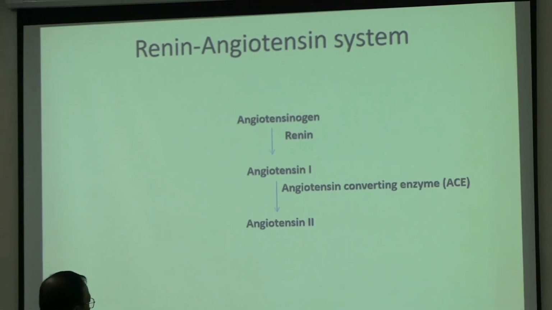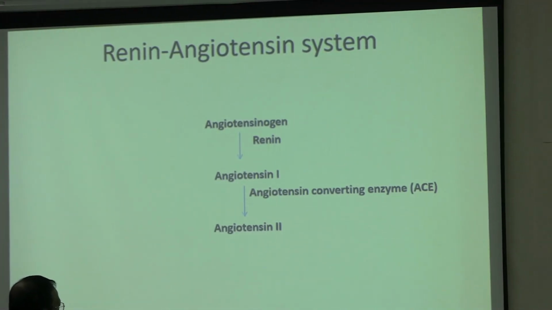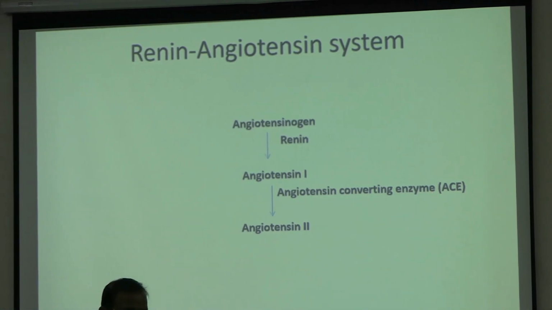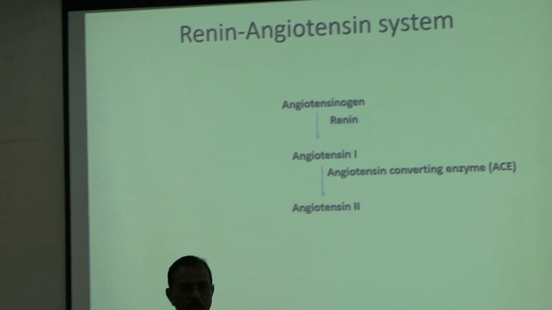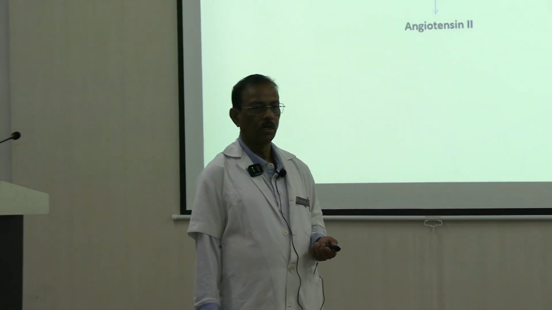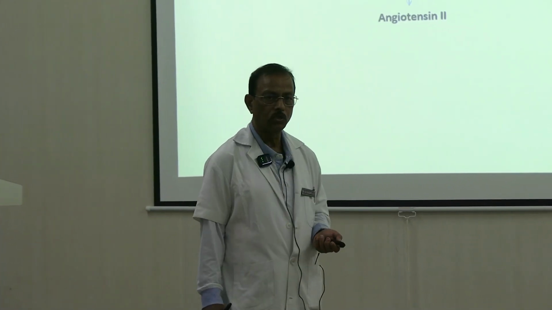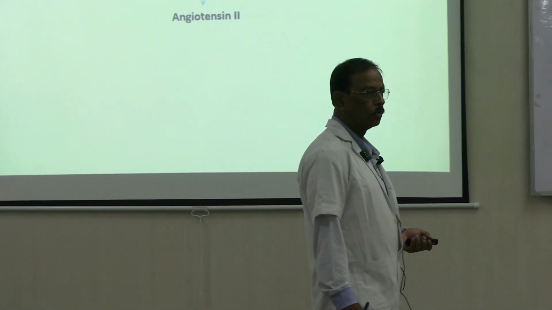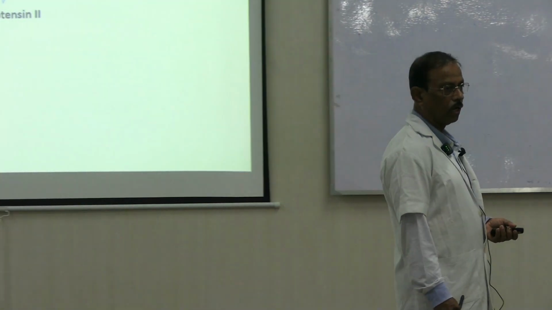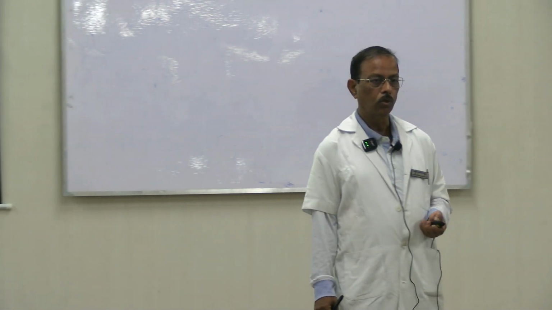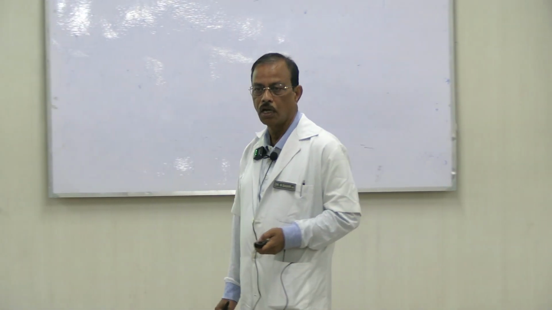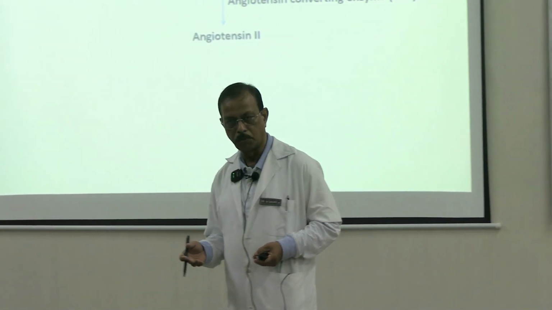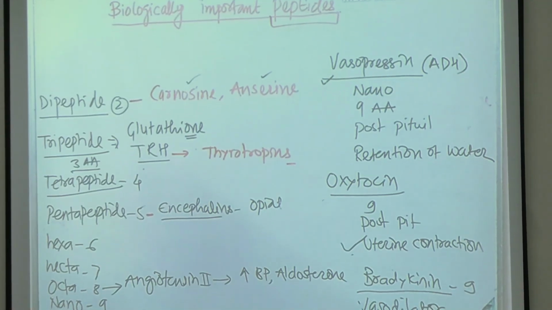And angiotensin 1 is again converted by the enzyme angiotensin converting enzyme into angiotensin 2. And angiotensin 2 causes release of aldosterone. And aldosterone retains sodium in the body, and along with sodium there is retention of water. So there is conservation of water in the body, and the volume of extracellular fluid or intravascular fluid is replenished in this way.